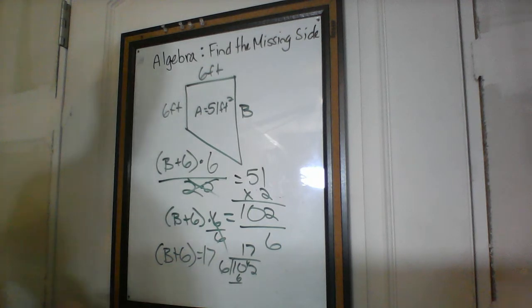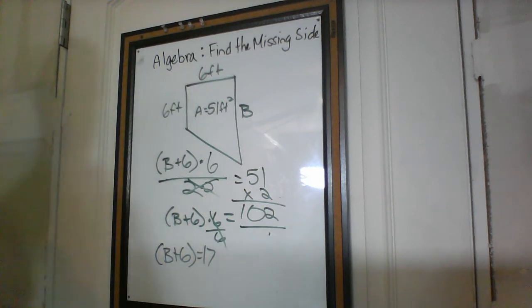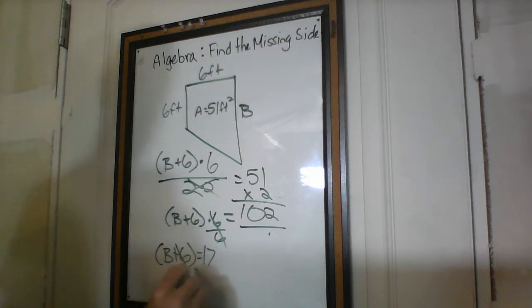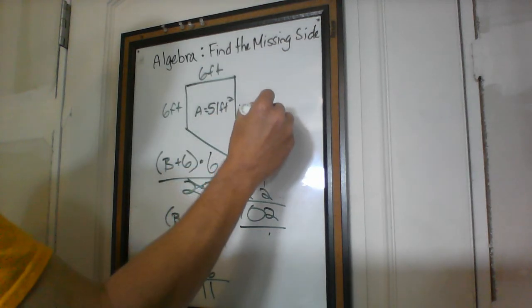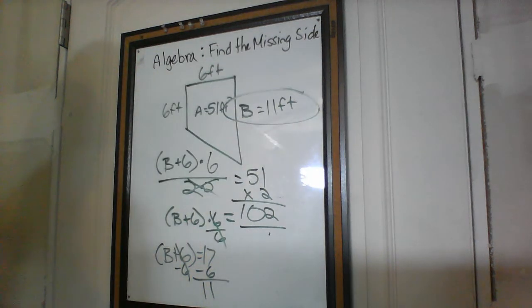I'm going to make some room. Okay. So if we have that, we are going to minus 6. We are going to minus 6. 17 minus 6 is 11. So our base is 11 feet is what was missing. Okay. Hope that makes sense.